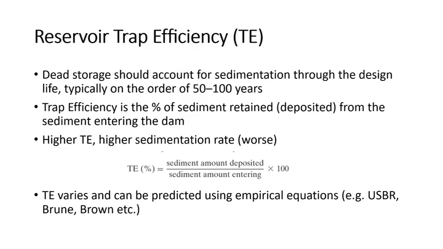Then just multiply that amount by 50 years or 100 years, and you will essentially get the total amount of sediments that will be retained by the dam throughout its lifetime. And you should design that in the dead storage.